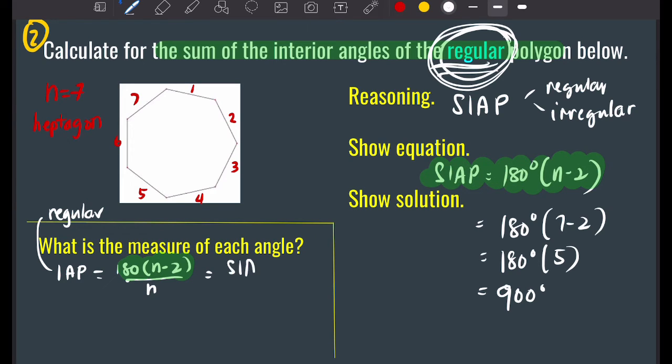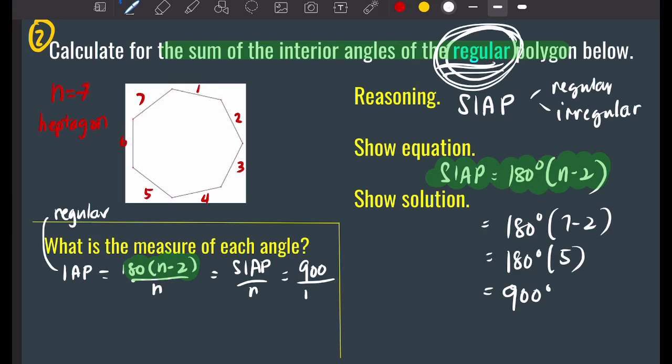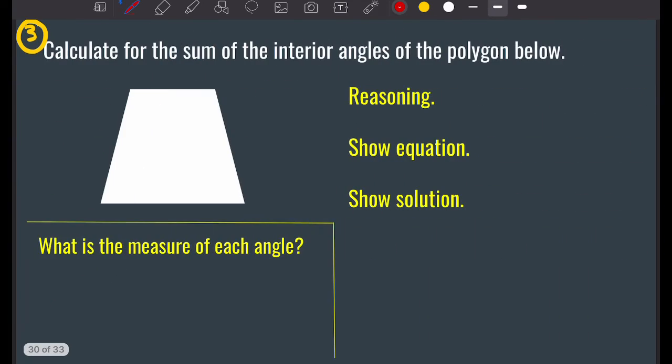So it's SIAP over n, which is 900 divided by 7, which gives you 128.57 degrees. It means that each of these angles has the same measure, 128.57 degrees. So let's go to question 3.